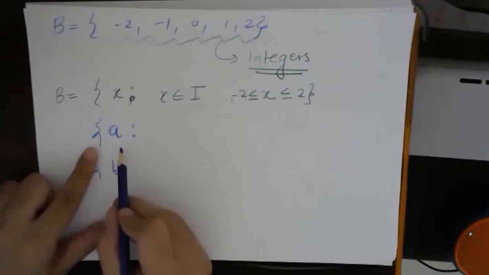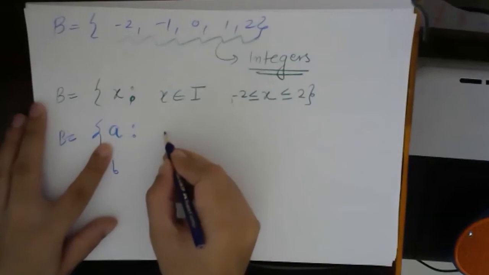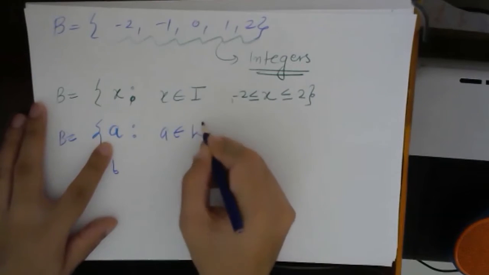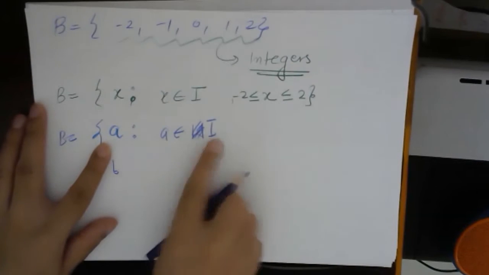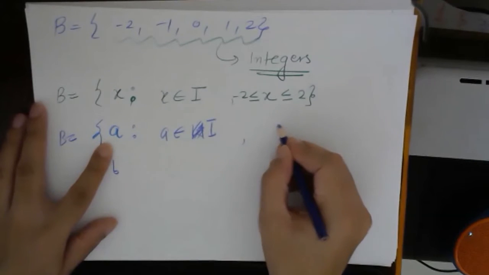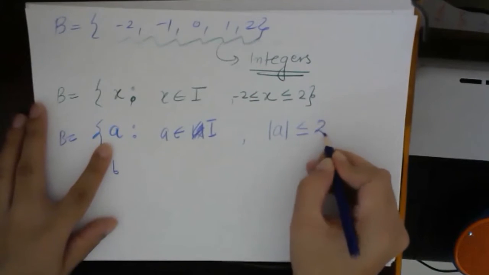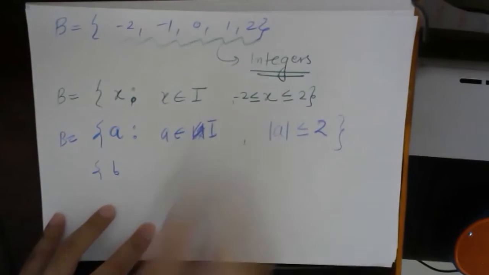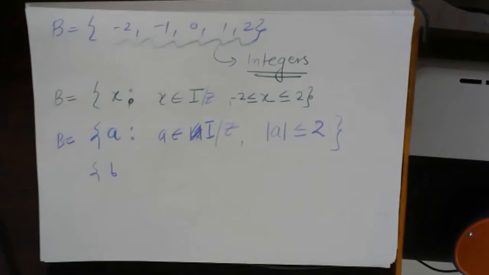Second is, let B contain element A, just a name, such that A belongs to integers, and mod of A is less than or equal to 2. Just check this also. Integers can be written I or Z, anything you can use.